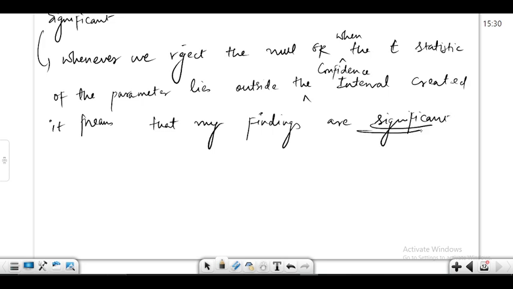So why is this the case that when we are rejecting the null, then we are saying that my findings are significant?